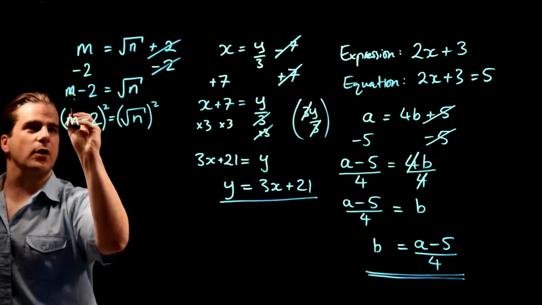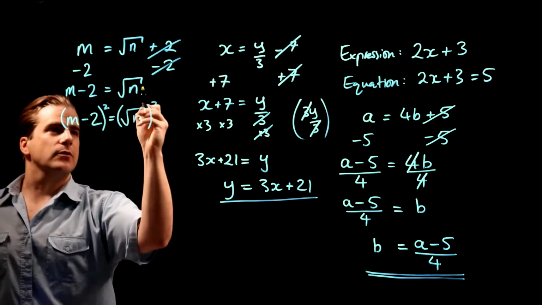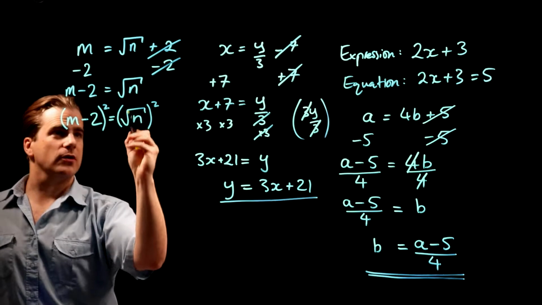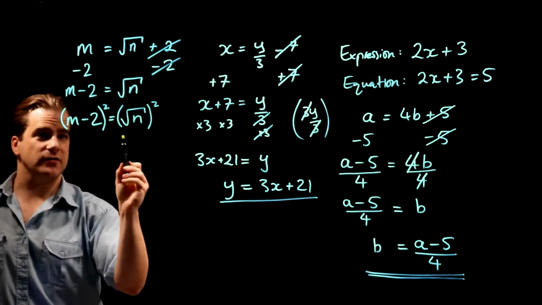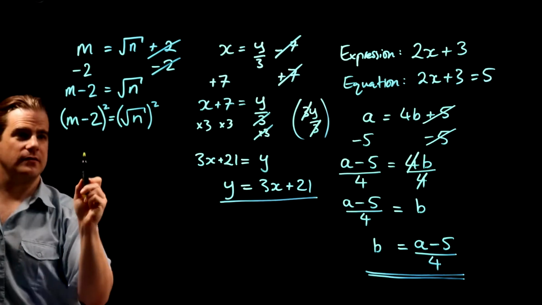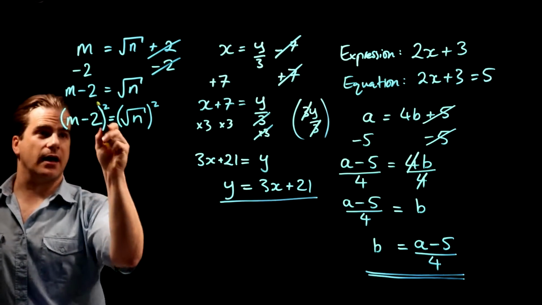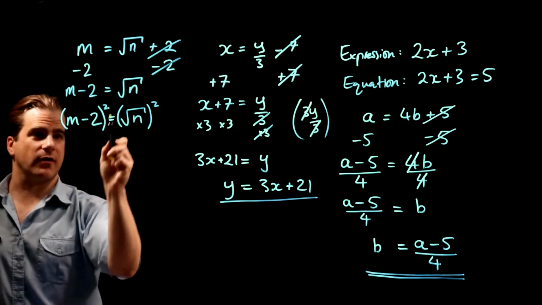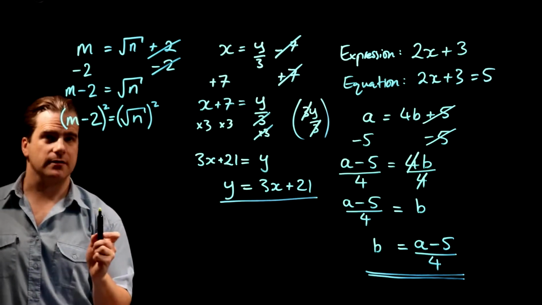You can't just work along and square each individual term. We're squaring the whole of that side, which happens to be root n, which means we have to square the whole of this side. So you have to introduce brackets yourself, like I have, and the square goes outside those brackets to square the whole lot. It's very important.